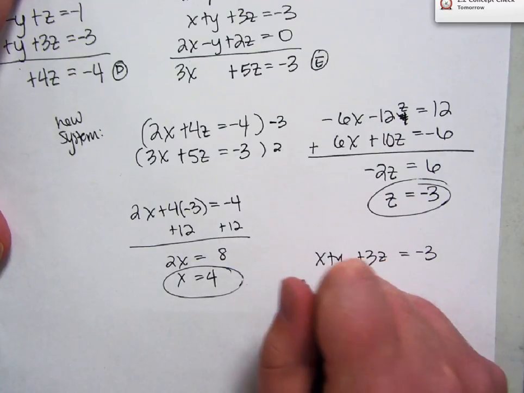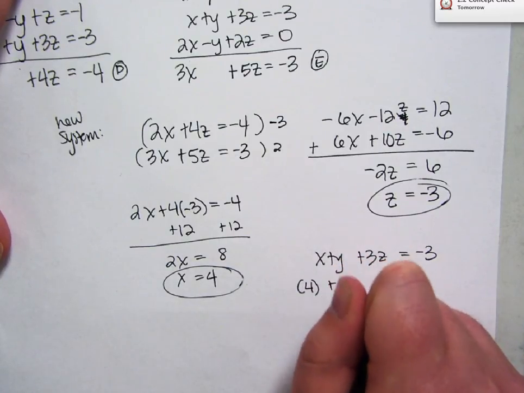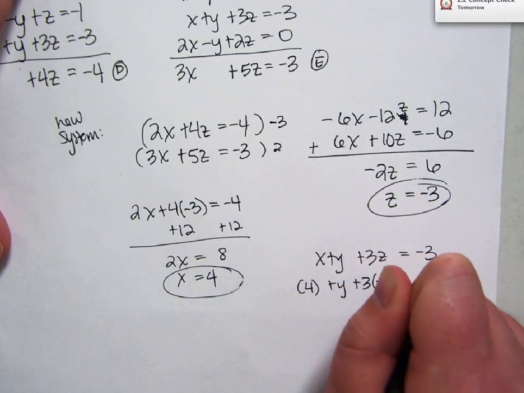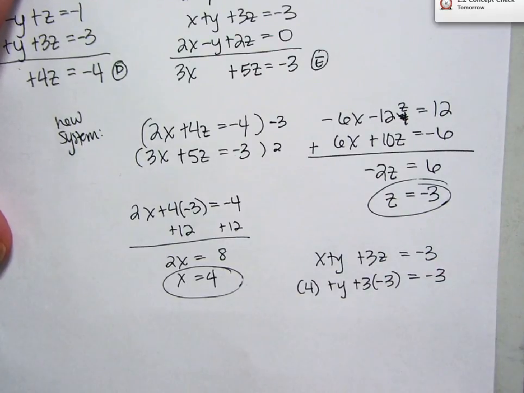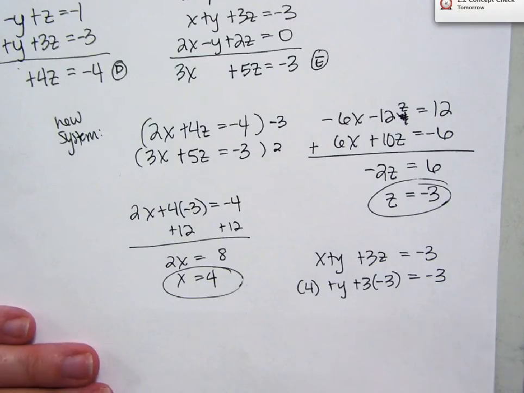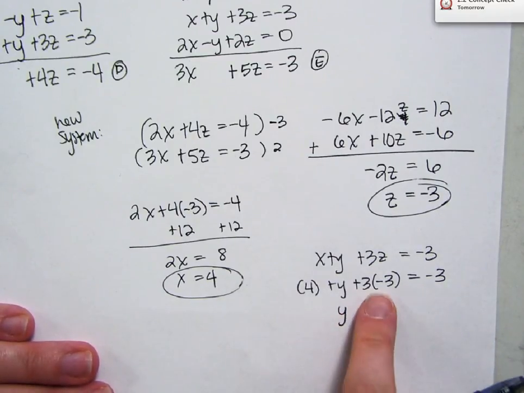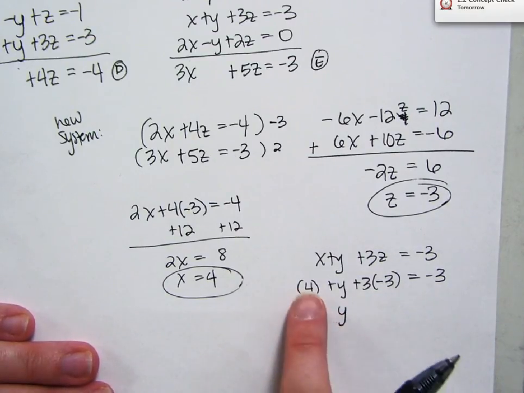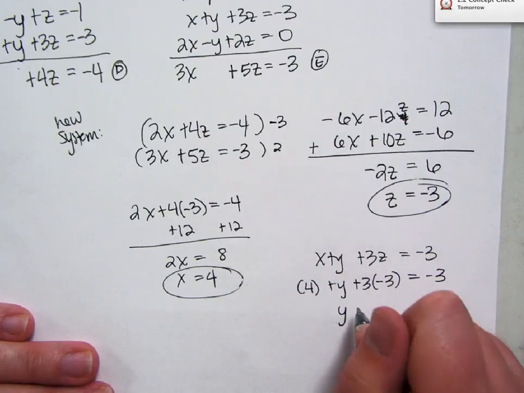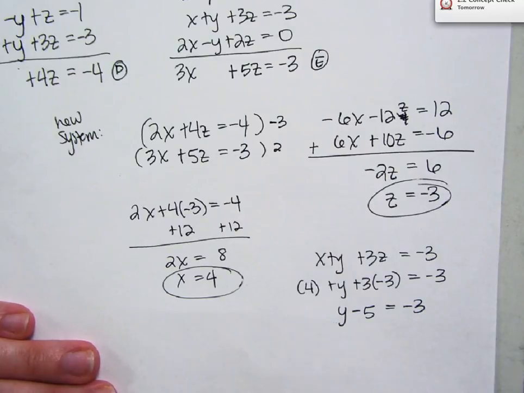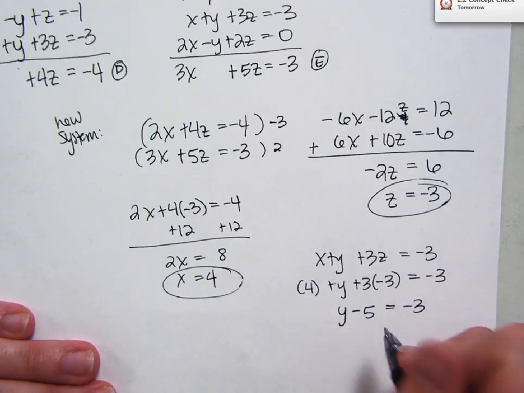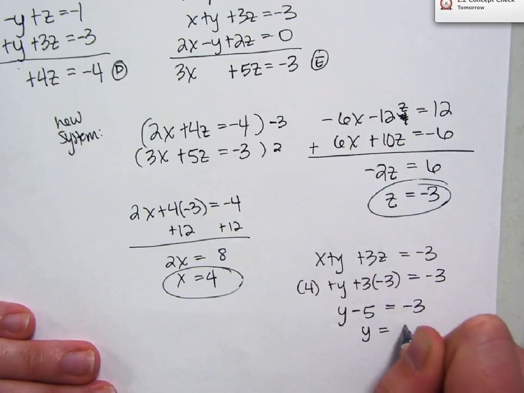Our x is 4, plus y, plus 3z was -9, equals -3. Combining like terms, we have -9 plus 4. That's -5. And then add 5 to both sides. Y is equal to 2.